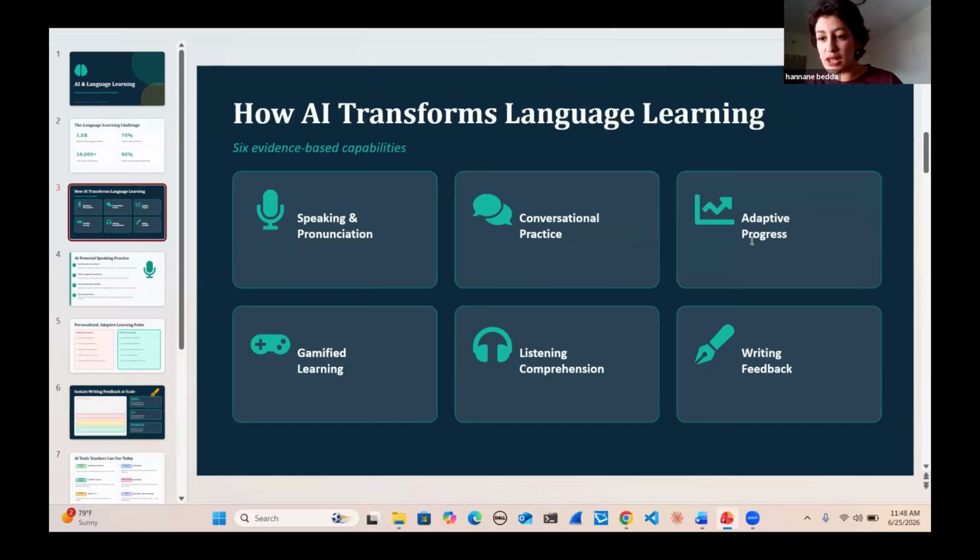When you have a conversation with a chatbot like ChatGPT, the AI corrects you and shows you the right way, how to write a specific word, etc. We have gamified learning, with games like guess the word or what is the synonym. We have listening comprehension, which helps too. And we have writing feedback. For example, the teacher can give homework, you start brainstorming, and then you can ask AI to help you finish it.